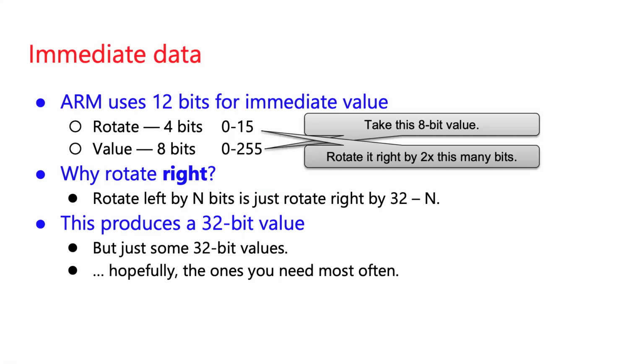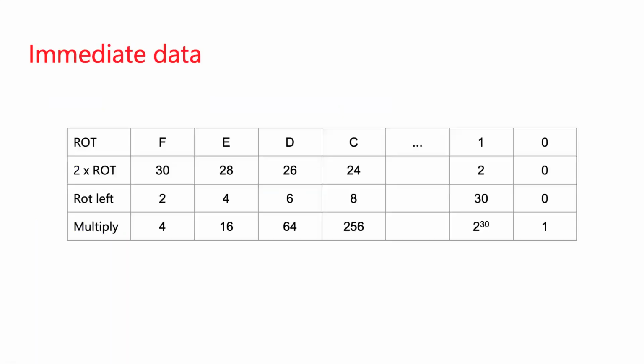So this lets us specify a lot of different values. Effectively, you get to pick a value for some bits and then slide it into the bits you want to use. But it does limit the bits you can specify. This shows how you can think of the rotation amount if you want. So starting over at the right side of the table, if you say don't rotate at all, rotate by 0, then whatever 8 bits you give are just going to be in the low order 8 bits.